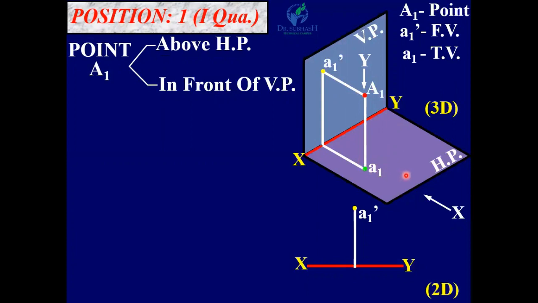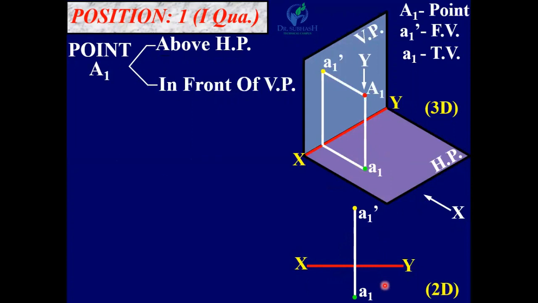Now in 2-dimensional, here you can see the top view is below the XY line. If we rotate this horizontal plane 90 degrees in the clockwise direction, then our top view will be below the XY line. So here you can see this is a1.